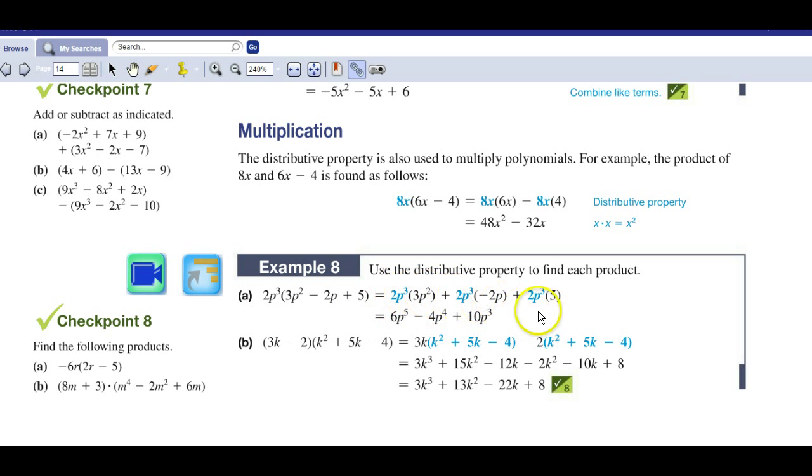Usually you do this step mentally and you get this. Now here's another case where it's a binomial multiplied by a trinomial. So again, this 3k by each of these and the negative 2 by each of these, and they're showing it to you horizontally. Again, I would suggest we set this up vertically.